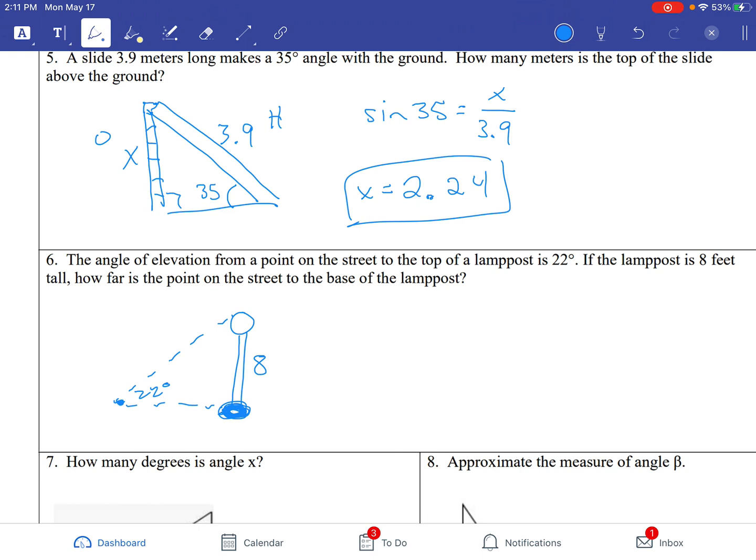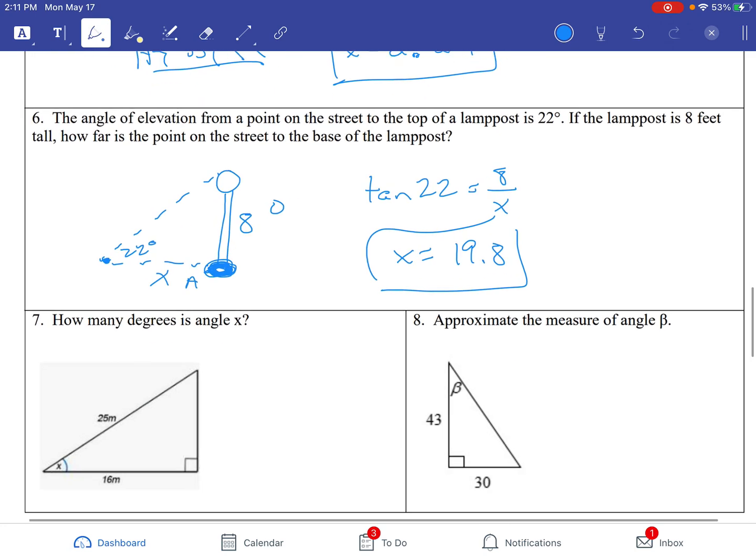How far is the point on the street to the base of the lamppost? We're looking for that side. So if that's our angle, this is the opposite, this is the adjacent. We are using tangent to solve. So the tangent of 22 is equal to the opposite over the adjacent. So I have 8 divided by the tangent of 22 gives me x equals 19.8.